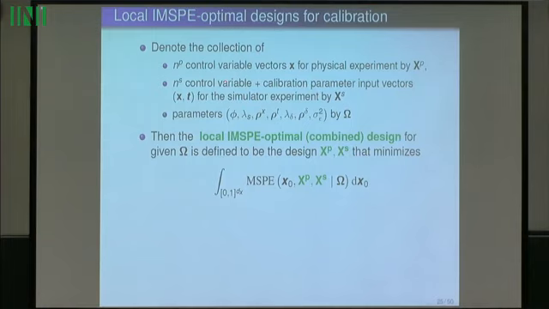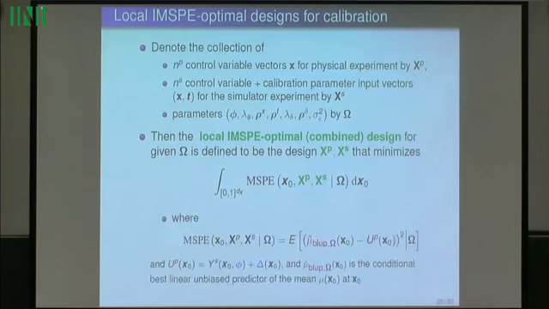I want to design for the simulator experiment, NS selections of the control variable calibration parameter pairs. Then I can define the local IMSP optimal combined design to be the choice of that pair of designs which minimizes the mean square prediction error over a particular set of surfaces.